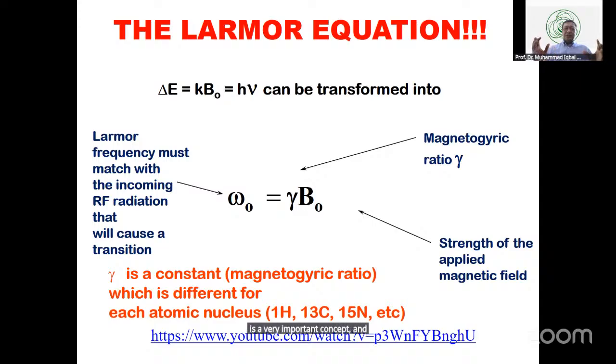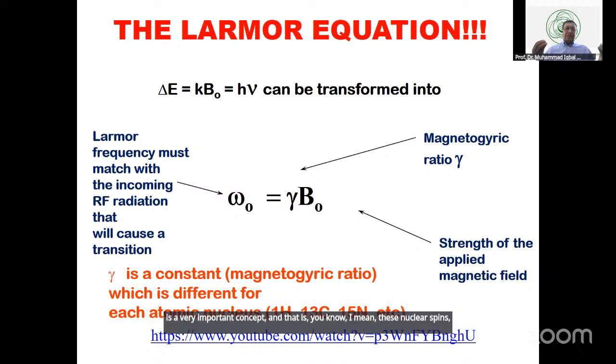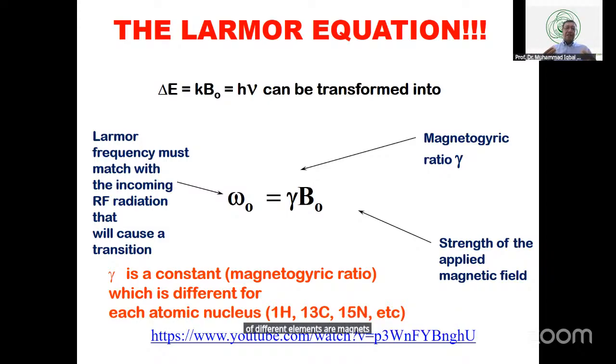These nuclear spins of different elements are tiny little magnets, and B naught is the large, ever-present applied magnetic field, or magnetic flux density, a very large magnet.